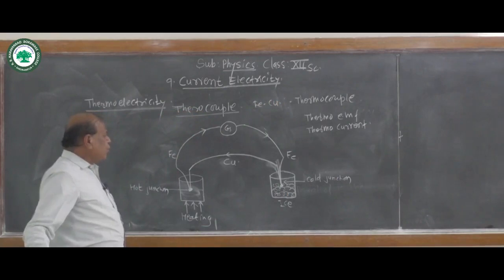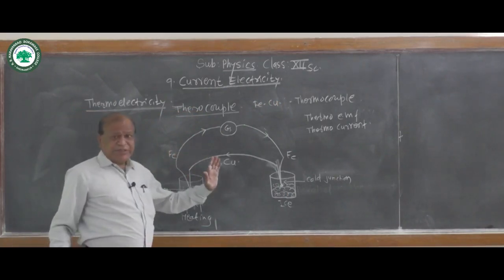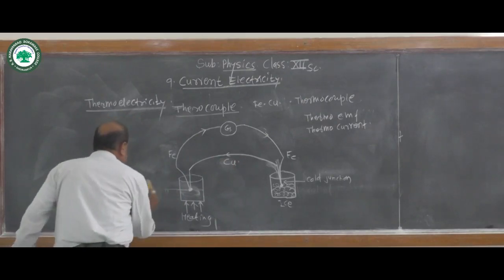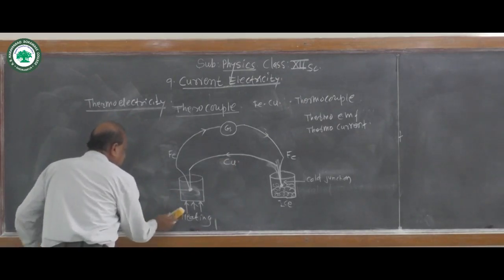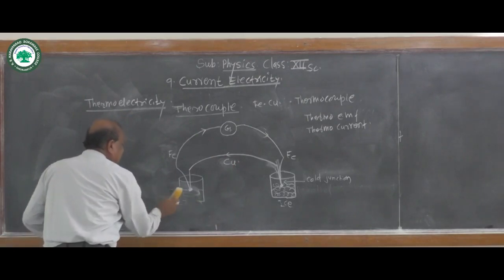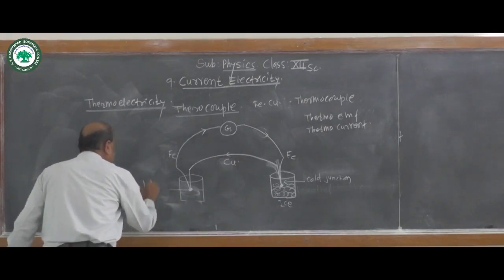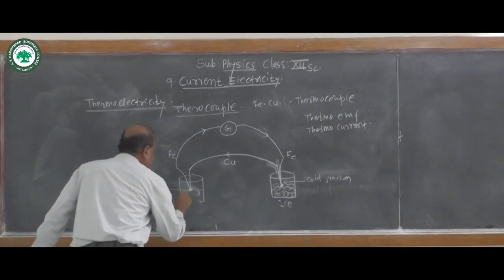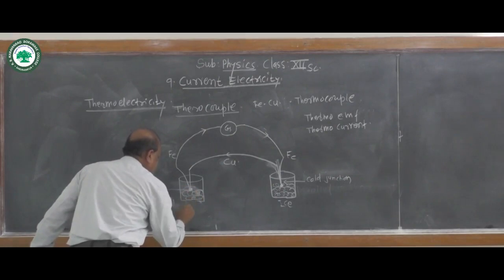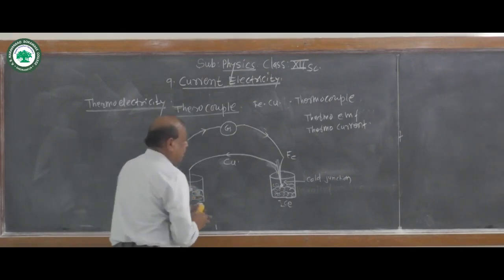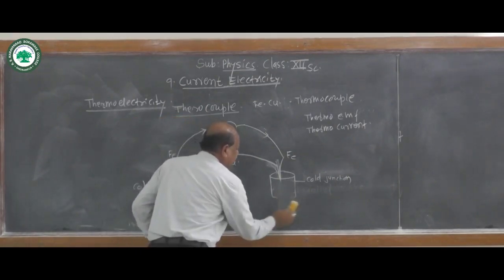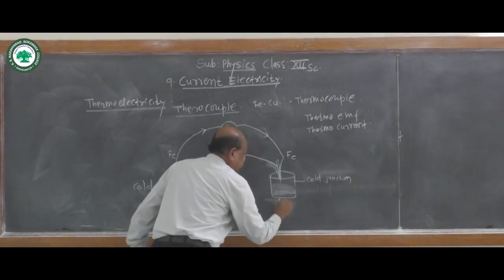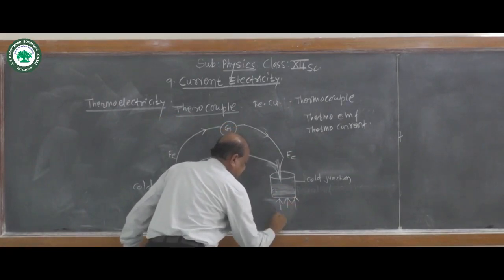Now we interchange these junctions. Here this is a cold junction, here ice is there, and here is the hot junction, where the heating arrangement is there.